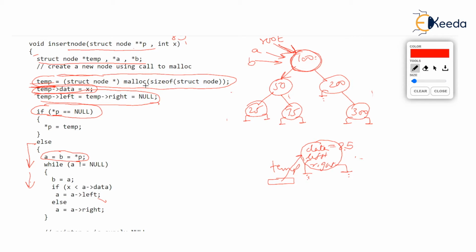These two pointers A and B will help us to find parent of the new node, parent of 85. You know parent of 85 should be 75 because 85 should be added to the right of 75. But then we don't get it directly, isn't it? A and B are going to move in the tree, left, right, or whatever, and they will tell us where 85 should be added.